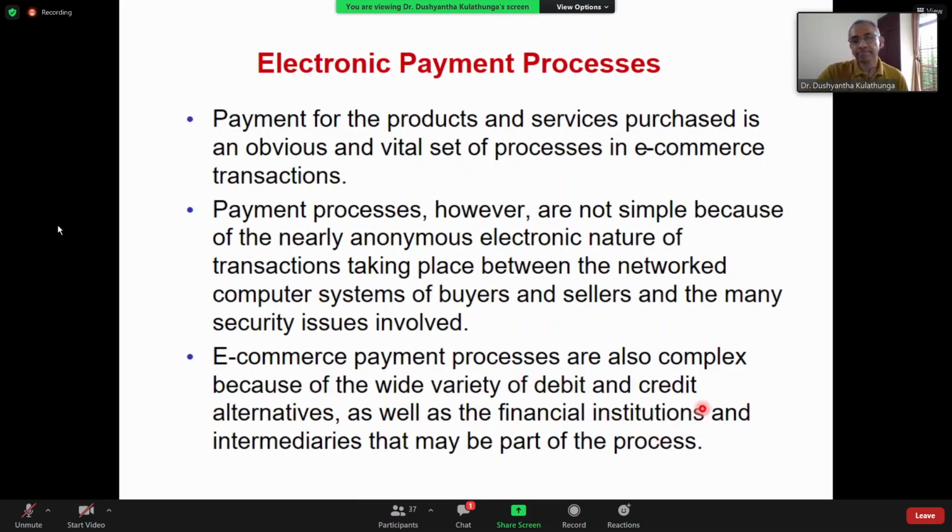And also when it comes to the processing of the payment, third parties may also be involved.